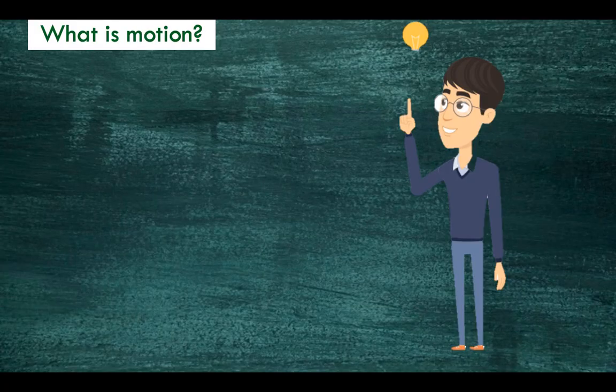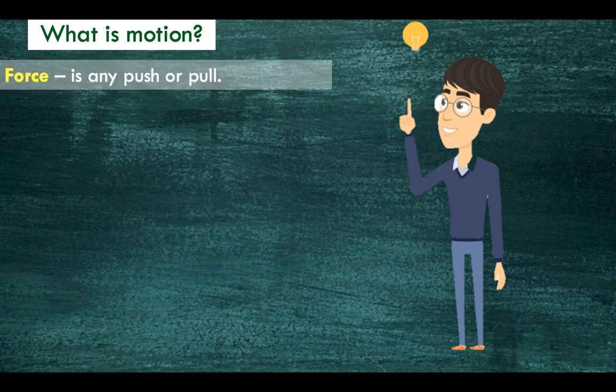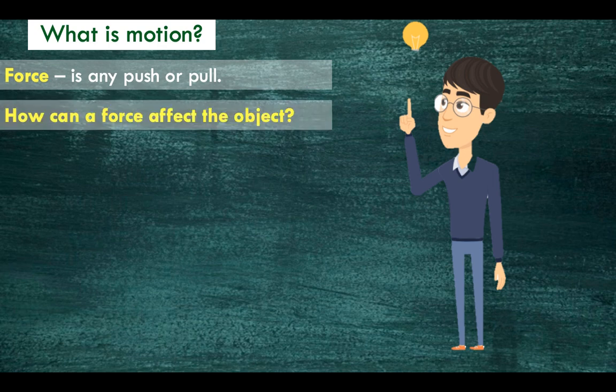Objects around us move or stop because of force. Let us now study what force is. Force is defined as any push or pull. Force can affect the objects around us, and there are 5 ways in which it could affect the object.